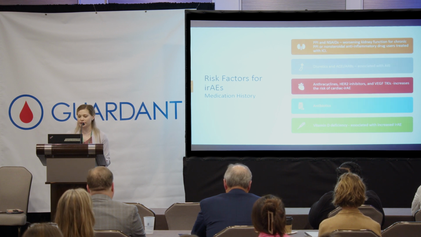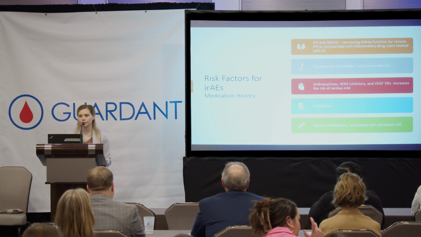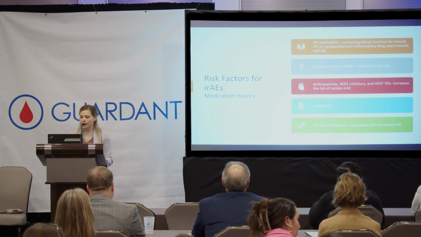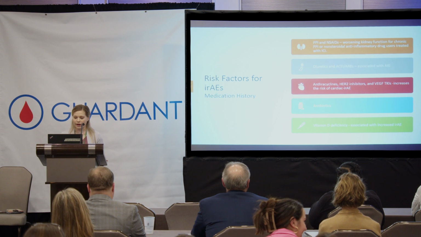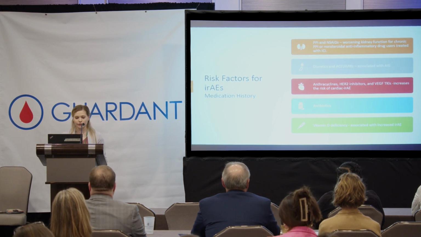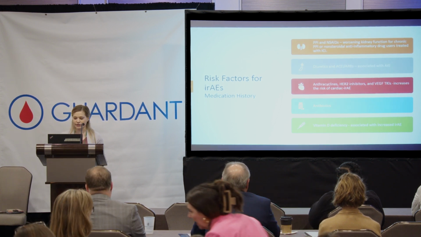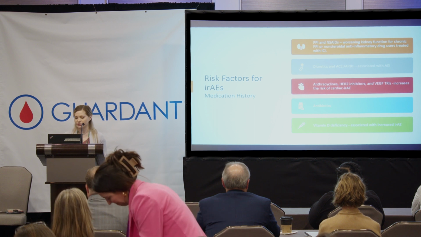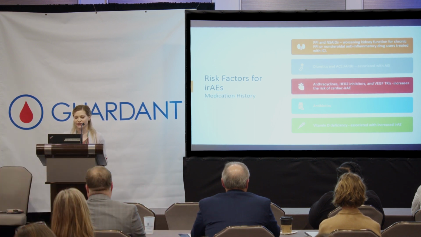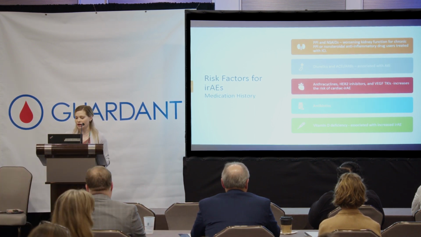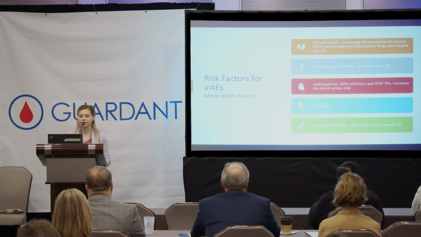Anthracyclines, HER2 inhibitors, VEGF TKIs can increase the risk for cardiac immune-related adverse events. Antibiotics also can alter your chance for risk factors. There was a retrospective study showing that there's a higher risk for immune-related adverse events in lung cancer patients treated with antibiotics, which was also then validated by other studies.